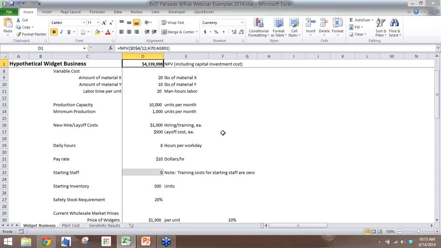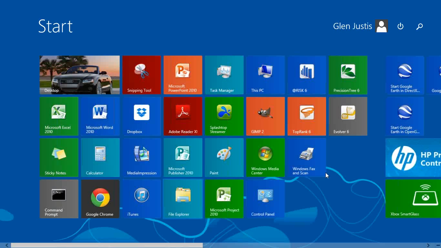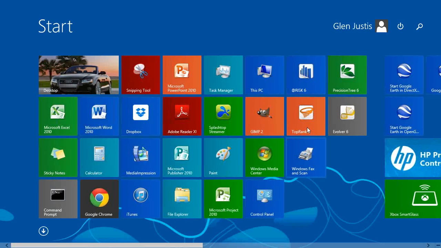But first, what I want to do is identify the key drivers of the business by applying TopRank. TopRank is another module of the DecisionTools Suite, and it does automated what-if analysis to a deterministic model to help explore what are the key drivers of the model. So I'm going to jump over here. I'm going to launch TopRank in my model.